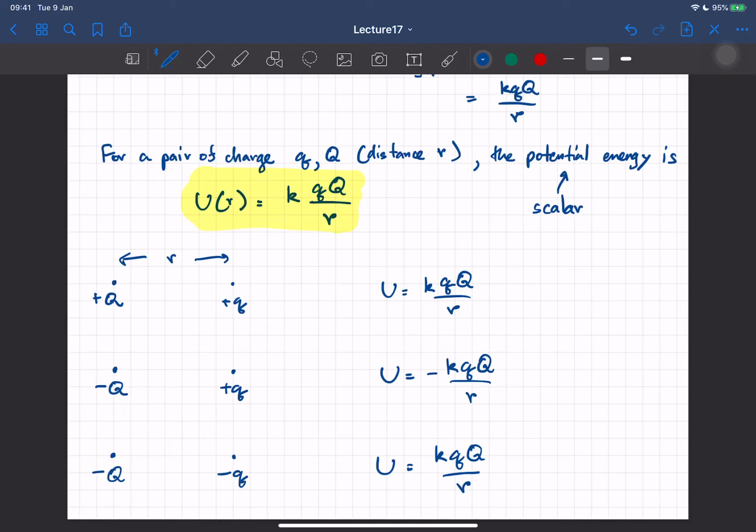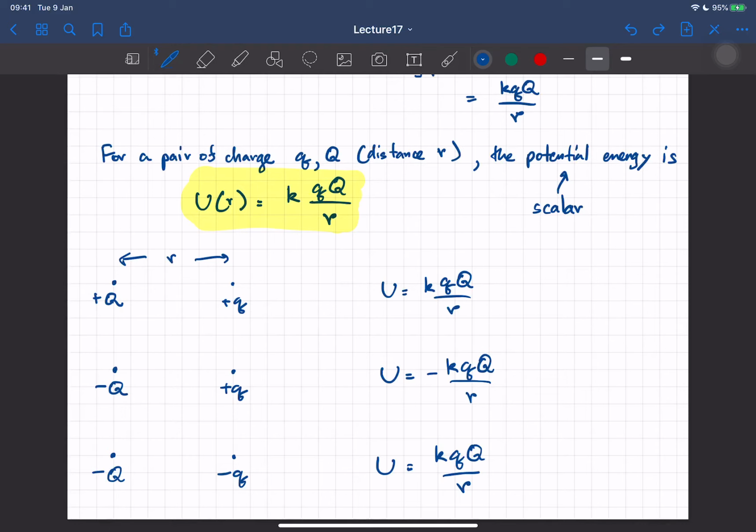But you need to care about the sign of the charges. If you have positive and positive, potential energy is positive. If you have negative and negative, potential energy is also positive because Q times q, you cancel out the negative sign. But if you have one of them negative, the other one positive, then potential energy is negative.